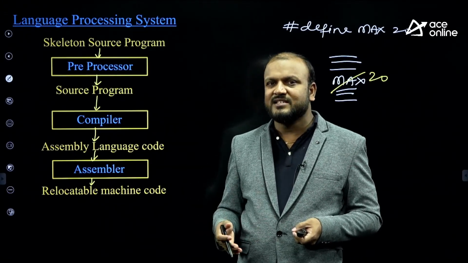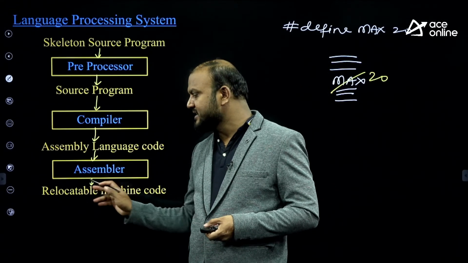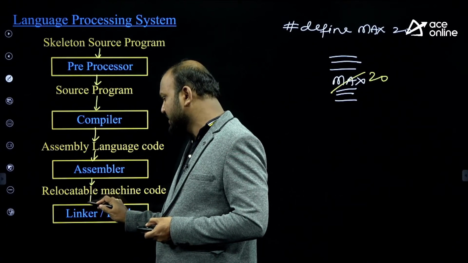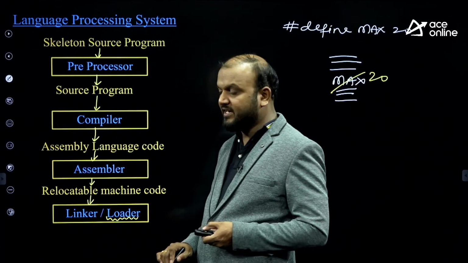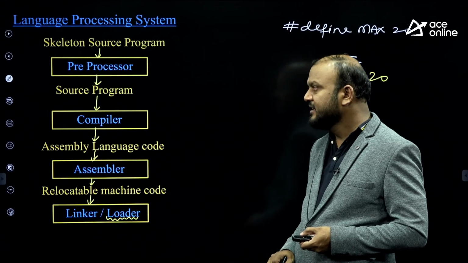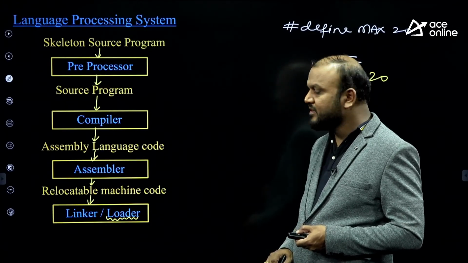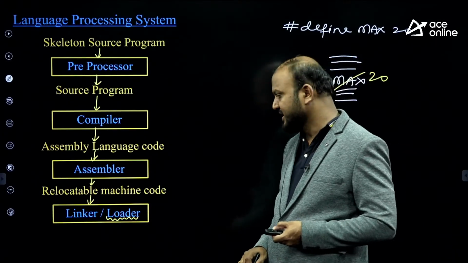Because if it is to be executed, it should be loaded into the main memory for execution. That's why we call it relocatable machine code. This relocatable machine code is going to be loaded into main memory for execution. Who is going to load that relocatable machine code into main memory for execution? The program called loader.